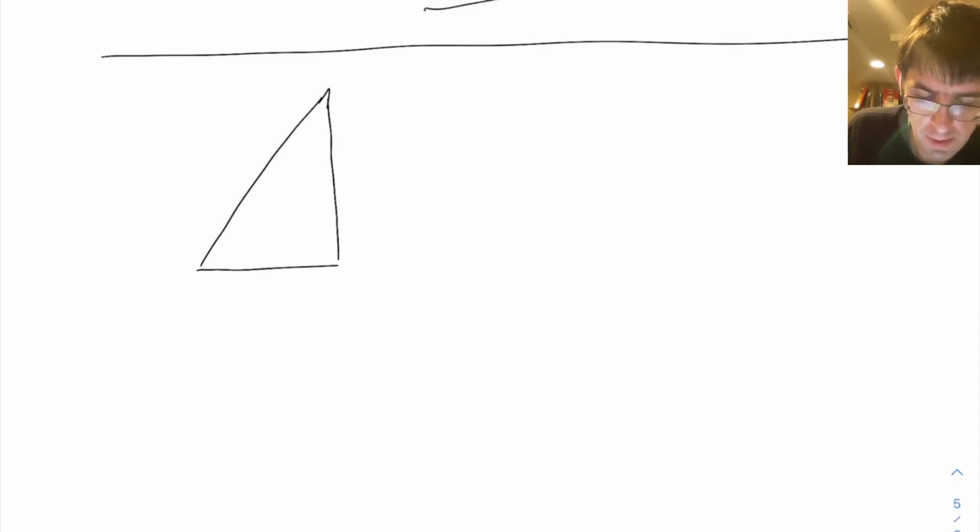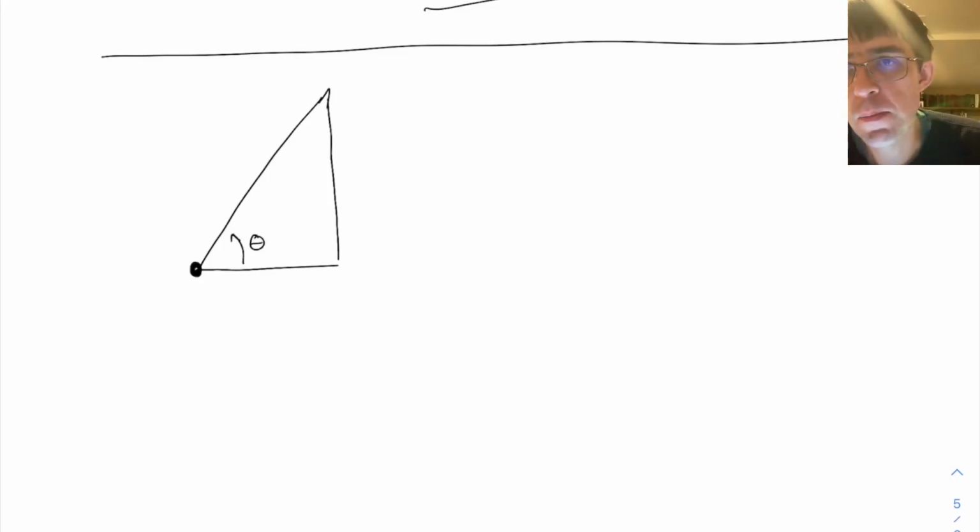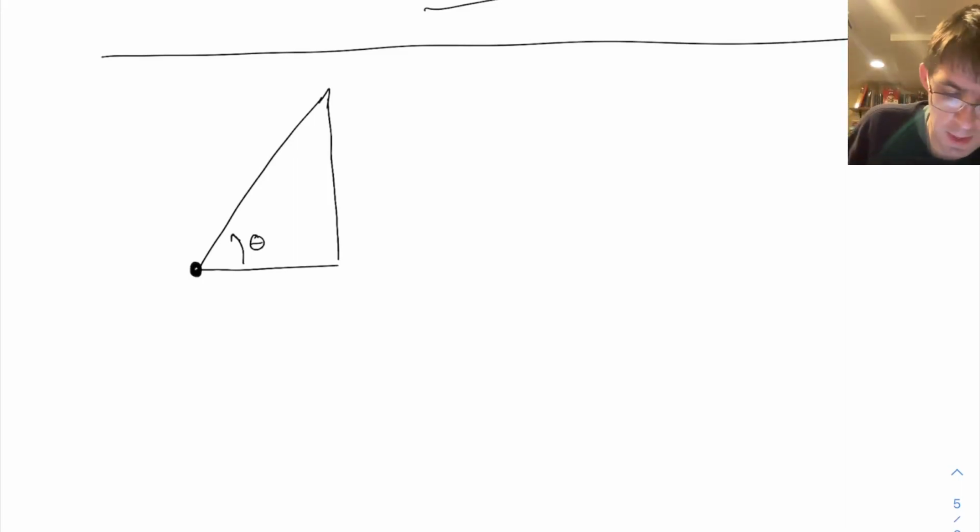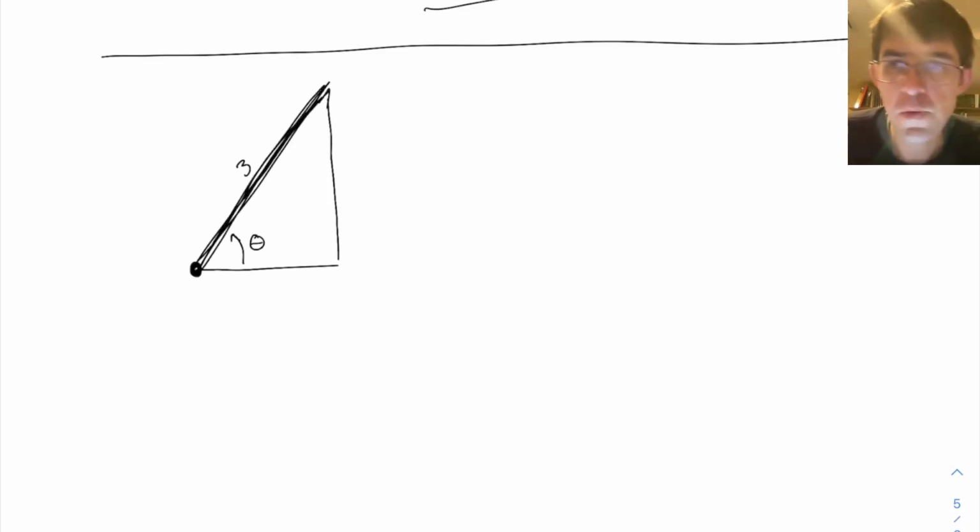Okay, how about I have a triangle like this, where this point stays put. The angle is growing. The hypotenuse of the triangle is always 3. All right. So the hypotenuse does not change its length.